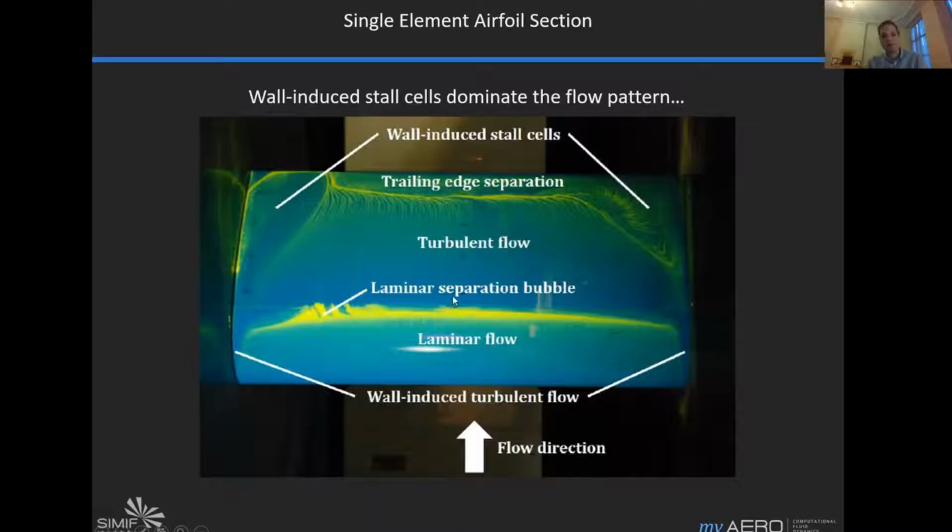After the laminar separation bubble, the boundary layer becomes turbulent, and you can see it pushes away the oil more and more until we hit trailing edge separation, where the oil is moved sideways. The picture is rotated, so this is really due to gravity, it's really the air flowing down.